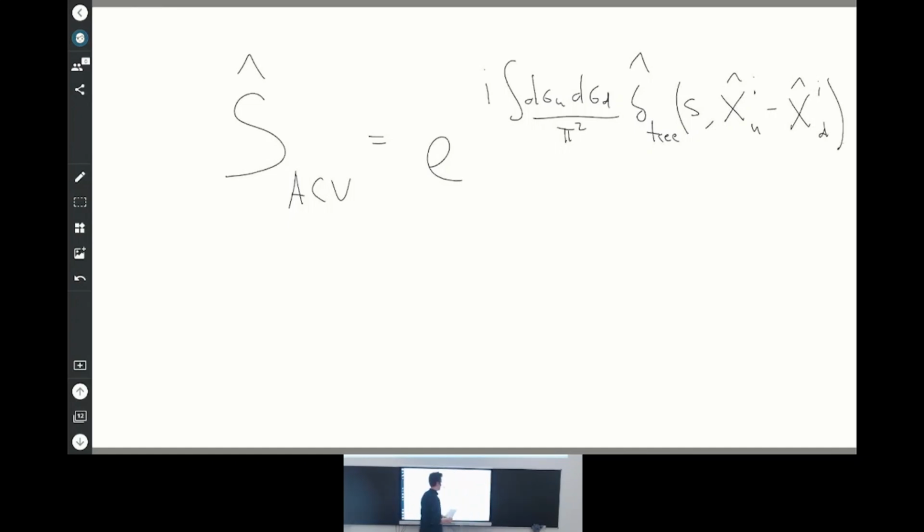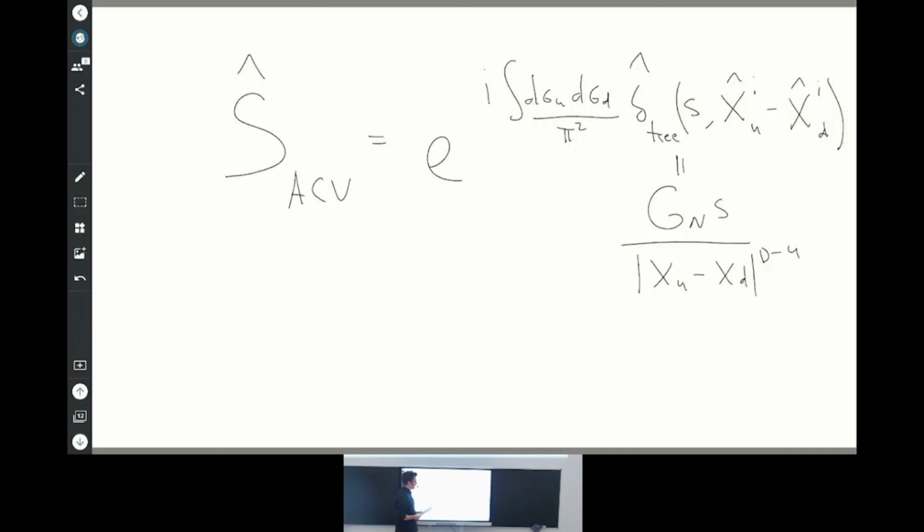So this delta tree is, remember, what in GR was just this x up minus x down to the power d minus 4, and then when we went to small impact parameters, we had the correction due to the excitation of the oscillators.